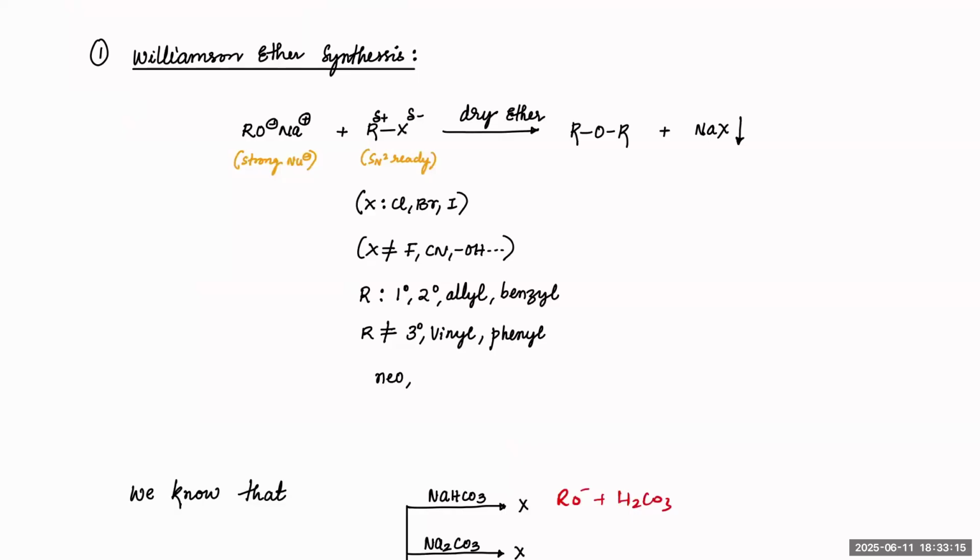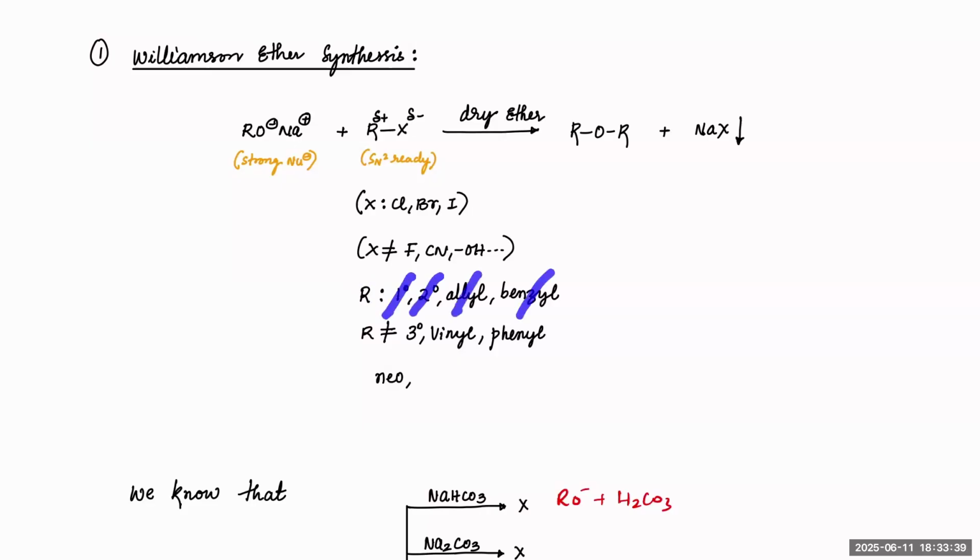Now, these are the applications of SN2. First is Williamson ether synthesis, which means if you have something like RO minus, which is a strong nucleophile, and you react it with an alkyl halide which is SN2 ready. SN2 ready means what? X has to be either of these three. It cannot be fluoride. Second, R has to be either 1 degree, 2 degree, allyl or benzyl.